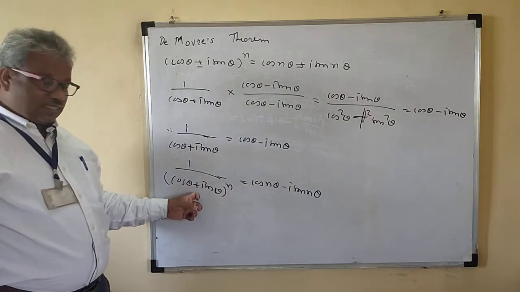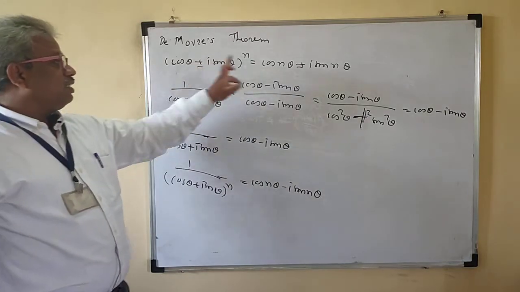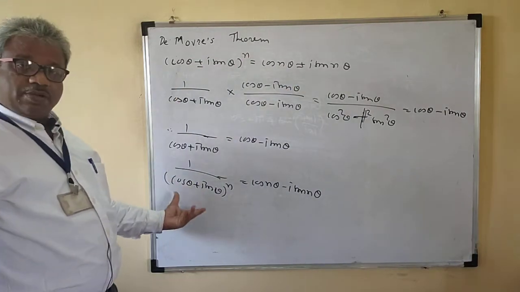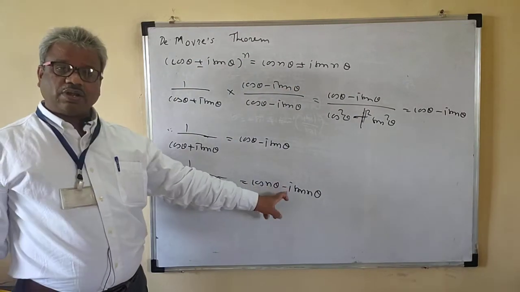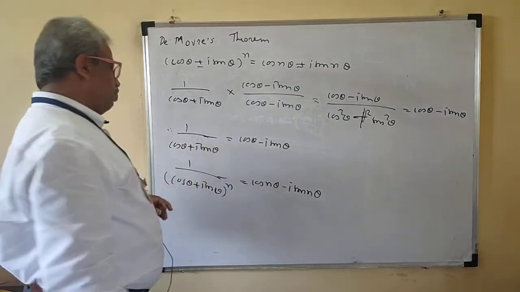If the power is minus, you may write the minus sign in the exponent. For the numerator, if minus is there you write minus, but for the denominator, if minus is there you have to write a plus, and if plus is there you have to write a minus. So take care of that.